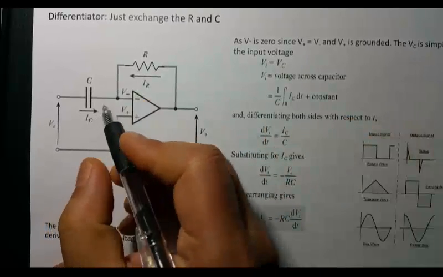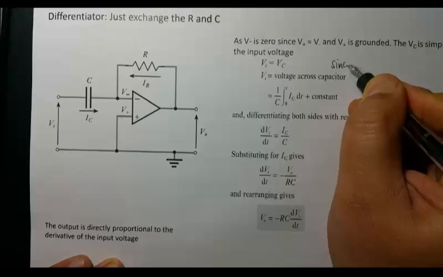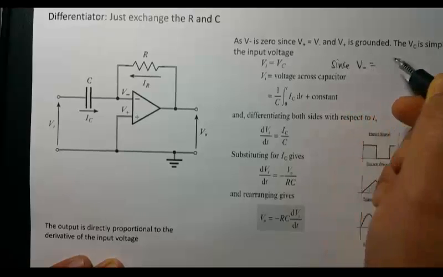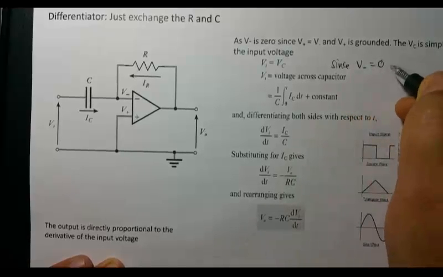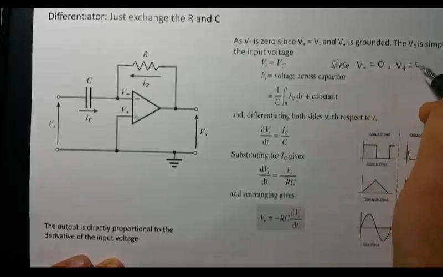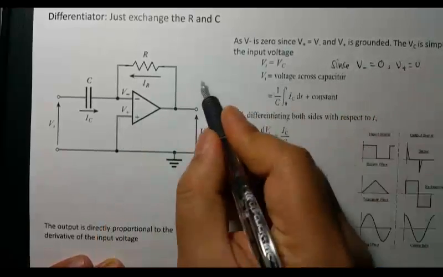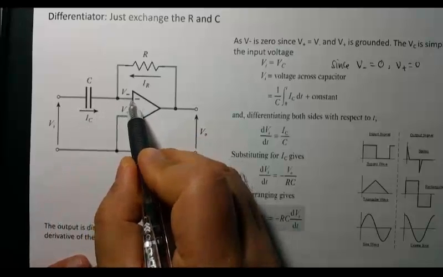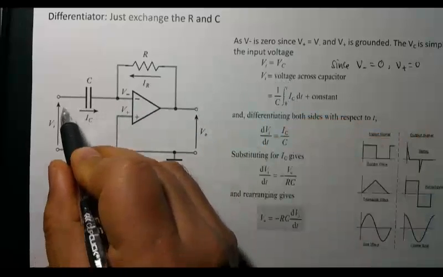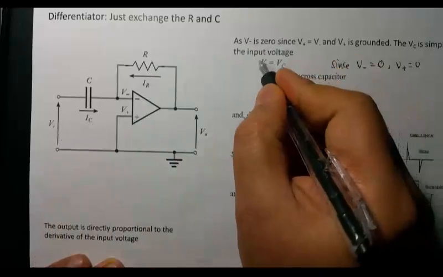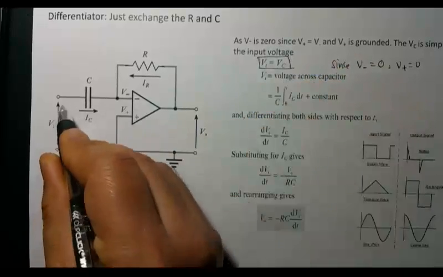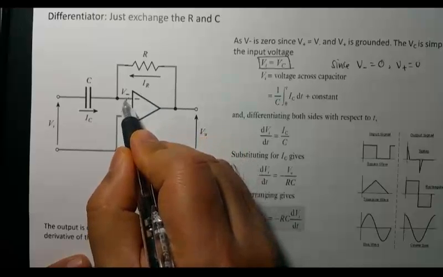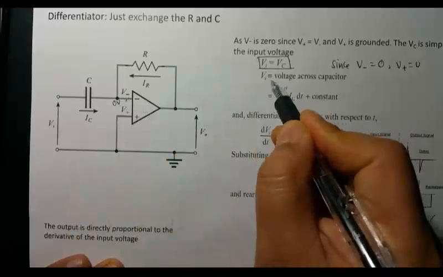Since V negative is at virtual ground, because V positive is grounded, that makes your input voltage just the capacitor voltage. Because this is at 0 volt, this is at virtual ground, 0 volt.